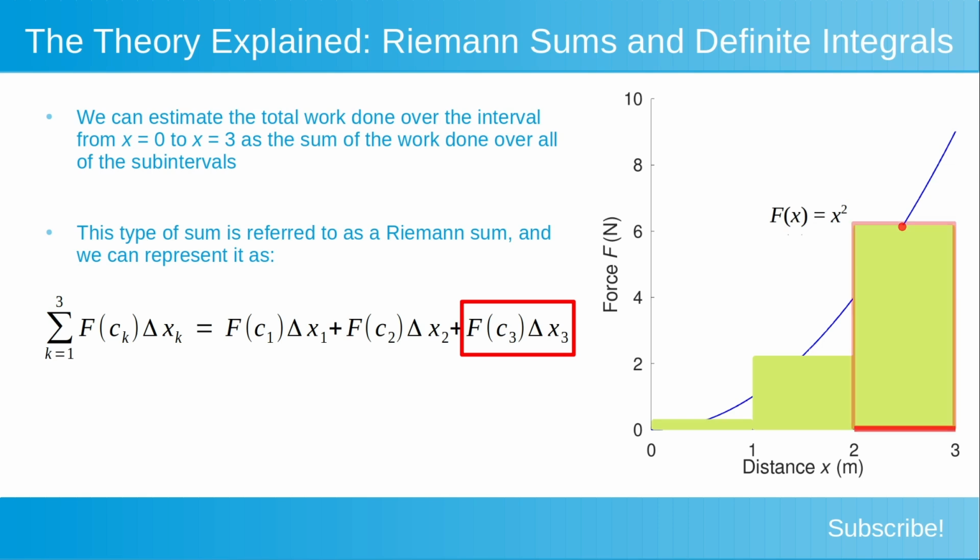This product gives a value of work equal to the area as shown to the right of the screen, highlighted in red now. This sum is an estimate of the total work done over the interval from x is equal to 0 to x is equal to 3.